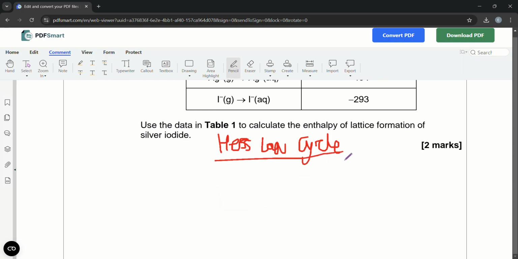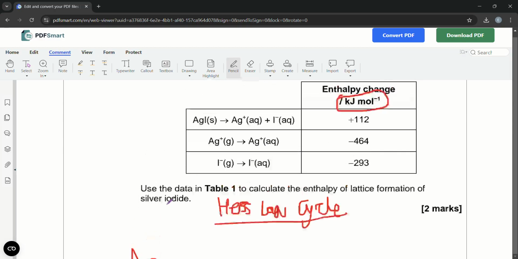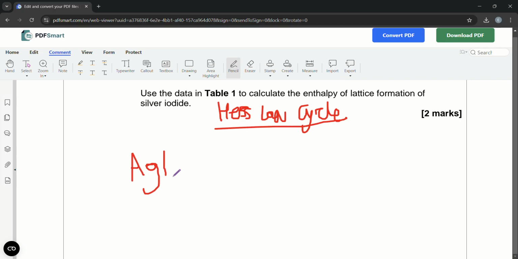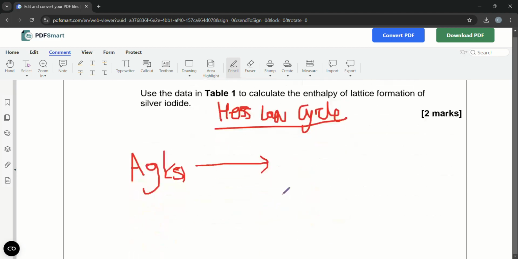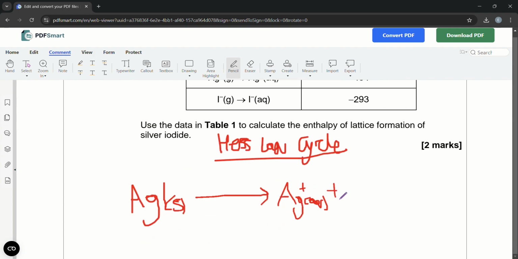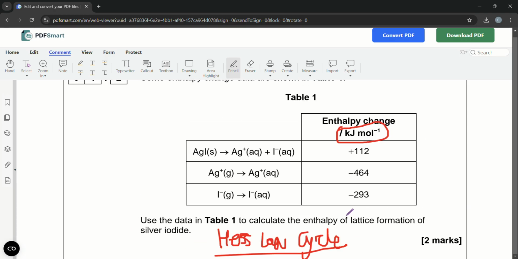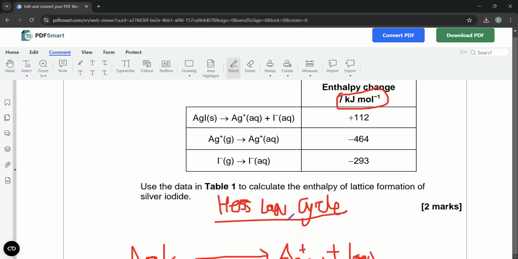And so we know we're going from silver iodide, just one AgI solid, to its separate ions, so Ag+ aqueous plus I- aqueous.